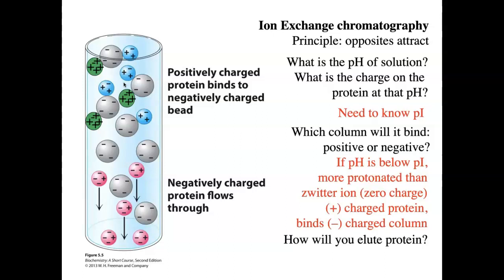And from what we know about ionization of protein side chains, you should be thinking, well, I can change the charge on the protein, right, by changing pH, or I can compete out this ionic interaction by adding some more ions, right? So, for example, sodium chloride.